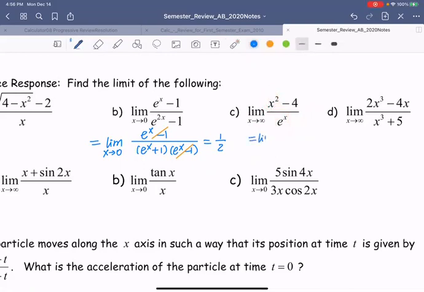So we are going to take the derivative for the top and also for the bottom. And then do one more time. 2 over e to the power x. And now this is infinity, this is 2, so that's 0, right? Okay.